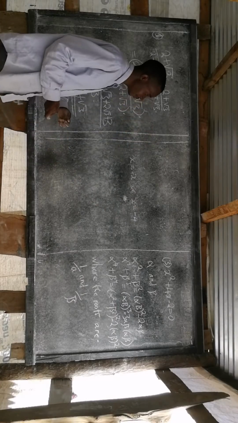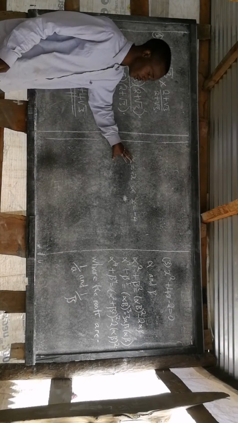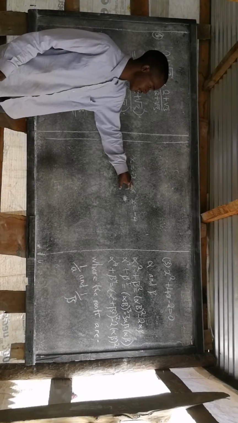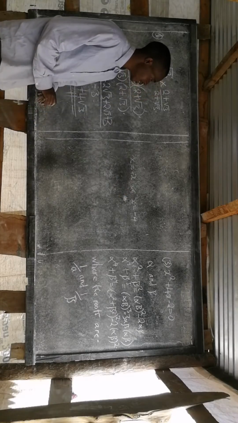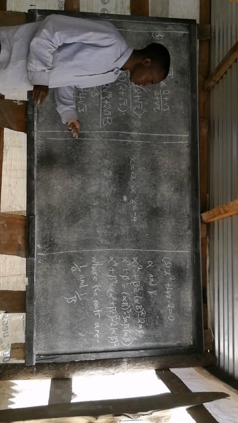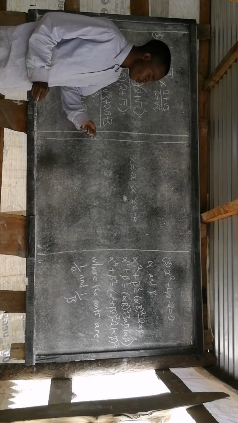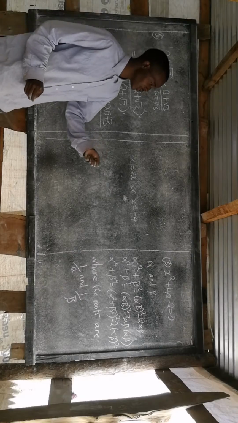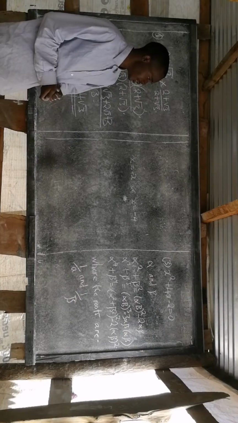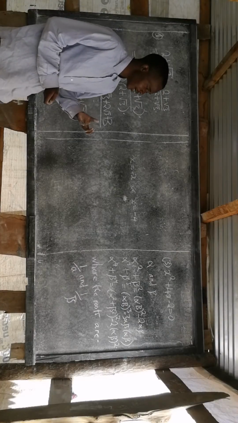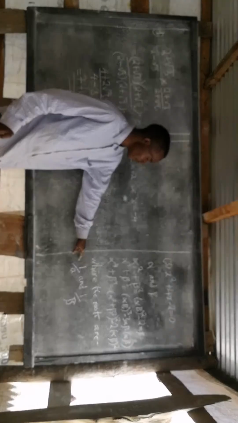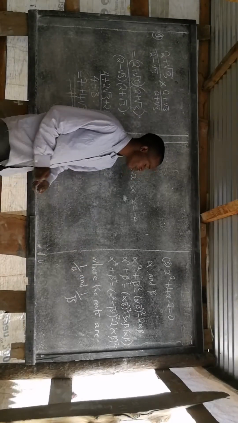These two things we call the roots. X is equal to negative 2 or x is equal to negative 3, that is what we call the roots. Also alpha and beta, that is what we call the roots of the equation. Now, the question asks us to find the equation where the roots are 1 over alpha and 1 over beta.